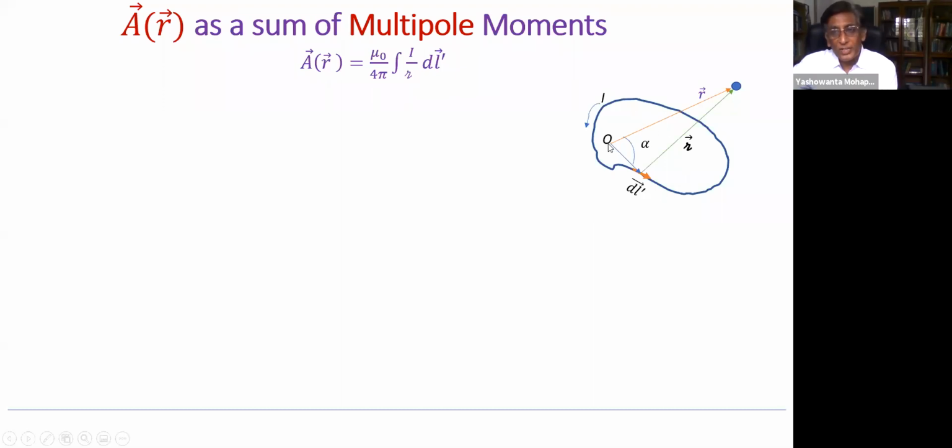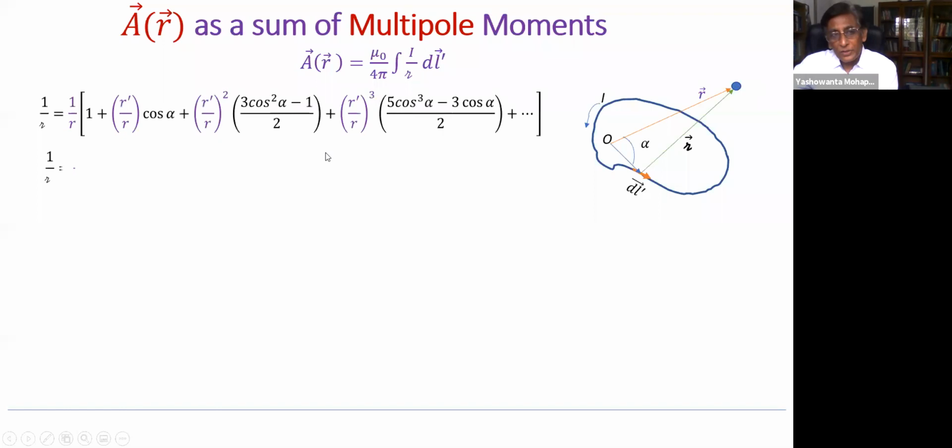So if my origin is here, and I'm trying to calculate A of R at a distant point, and this is the localized current, and this is the angle alpha, this is something that we have already done, and hence I'll be very quick with it.